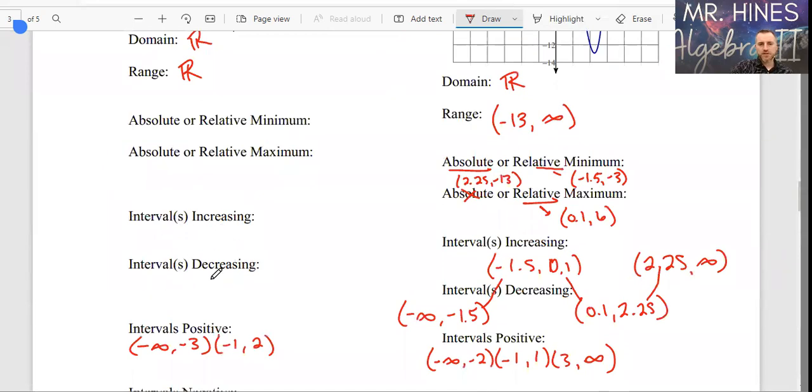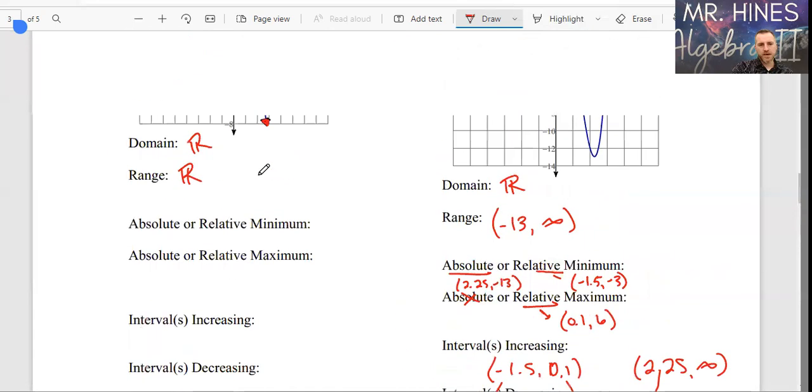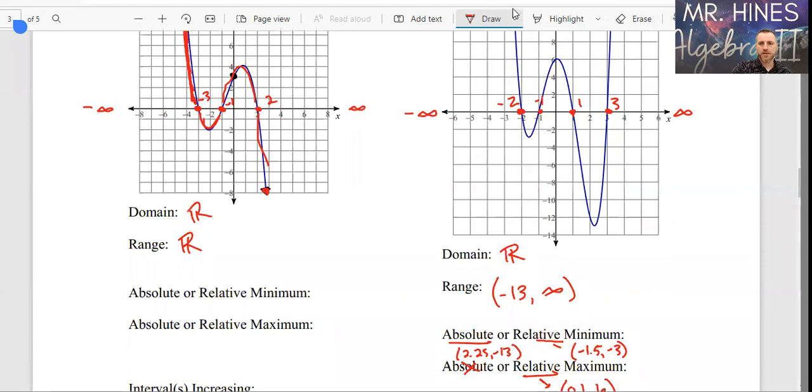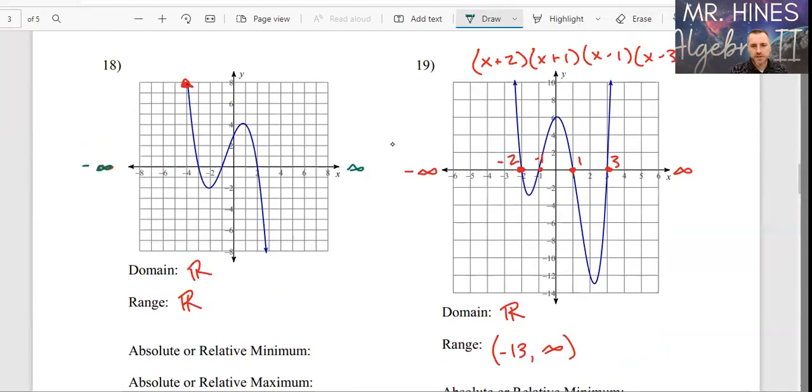Then we want to do intervals increasing and decreasing, which means we need to know the maximums and minimums. Okay. First question, are they relative or are they absolute? And I hope that you said that they're relative, because the function, this is my maximum, that's my minimum.